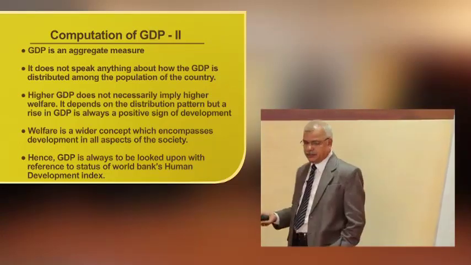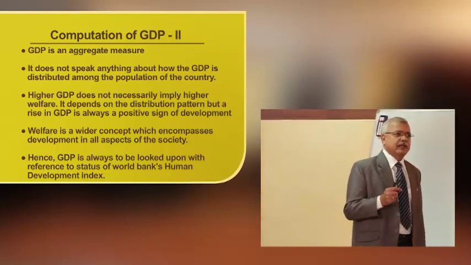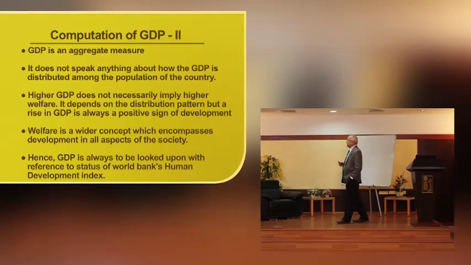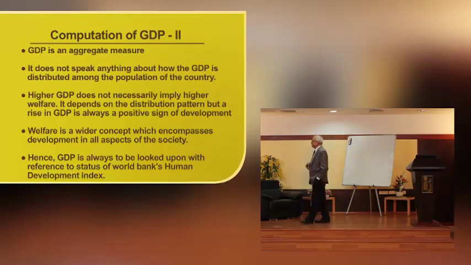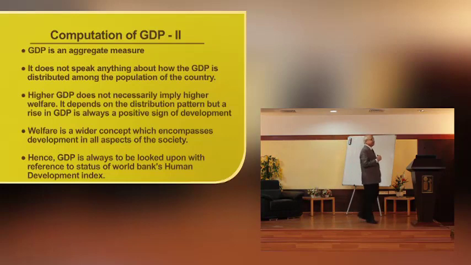Of course, we have state-wise GDP data and other aspects, but when we talk about the GDP of the country and the rate of growth of GDP, we always refer to the holistic number, that is the sum total.